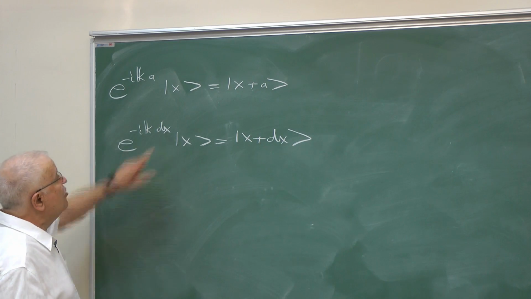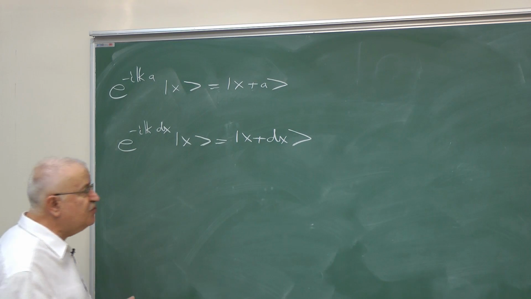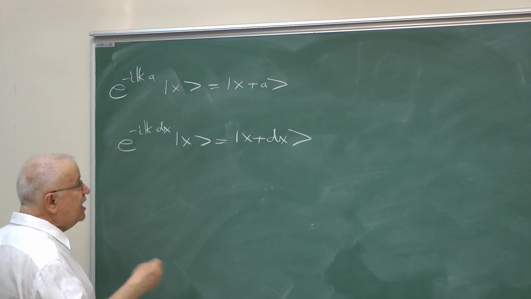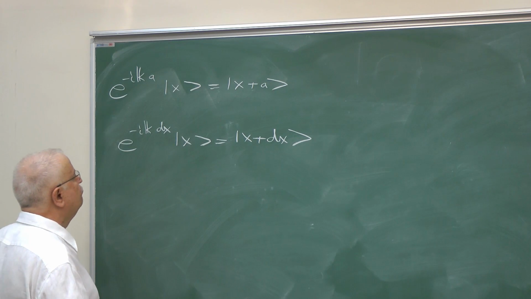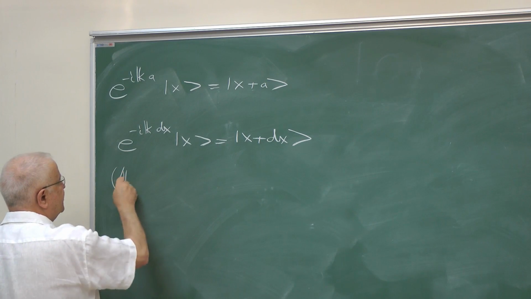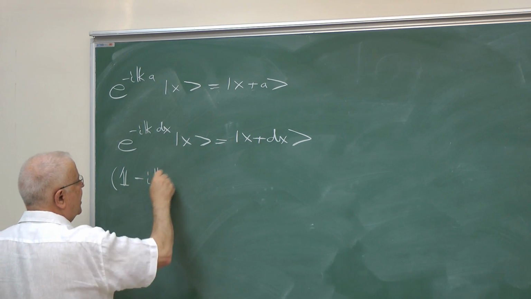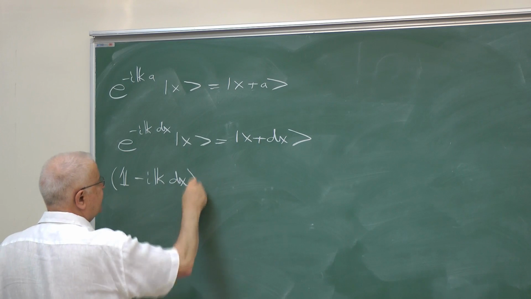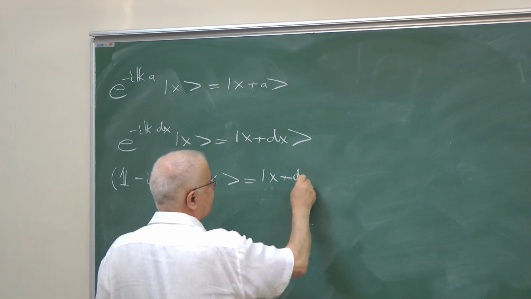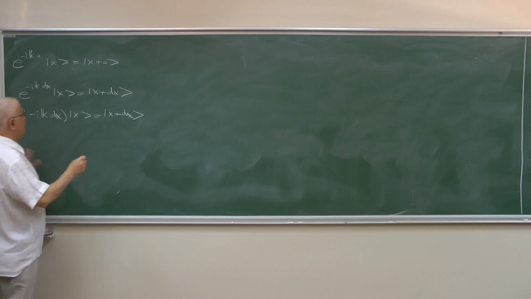But what is dx? Dx is an infinitesimal. Dx is dx, but any higher power is 0. So I can expand this exponential and say this is identity minus i K dx hits x and gives me x plus dx. Now let's see what happens.